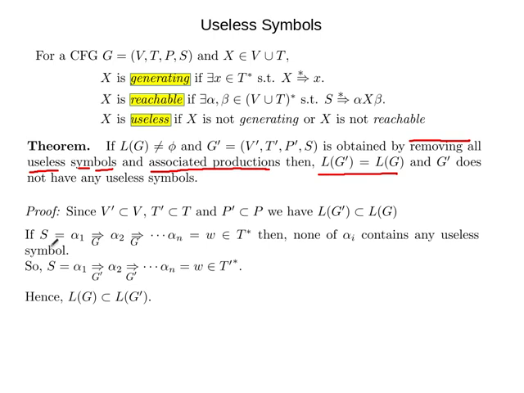So that means we can also have those derivations in G prime, right? Because G prime has all the useful symbols and all the productions involving useful symbols. So these productions and these symbols, these alpha i's, are also part of this G prime. So we can also have that derivation in this G prime. So that means this is a subset of this, and together this and this tell that this is true.